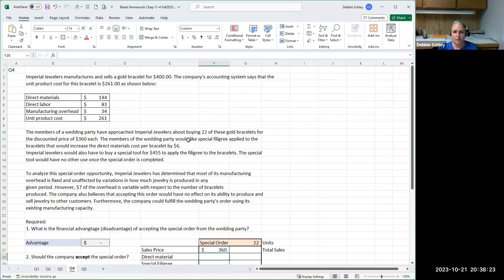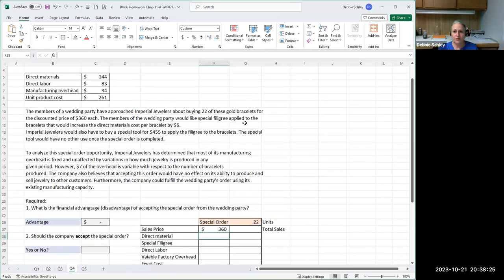The members of the wedding party would like special filigree applied to the bracelets that would increase the direct materials cost by $6. So let's see, there's my direct materials, and here's my filigree for $6 more.